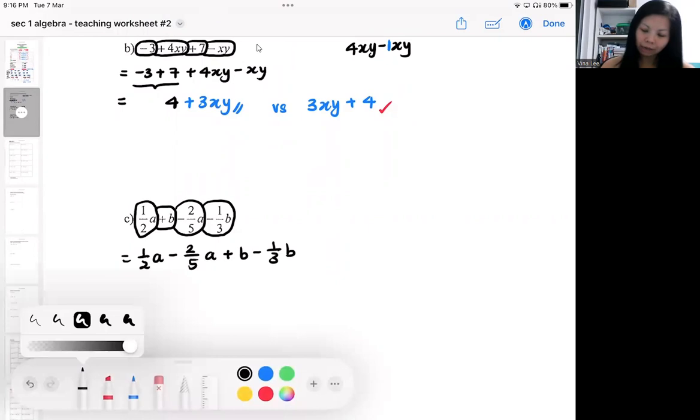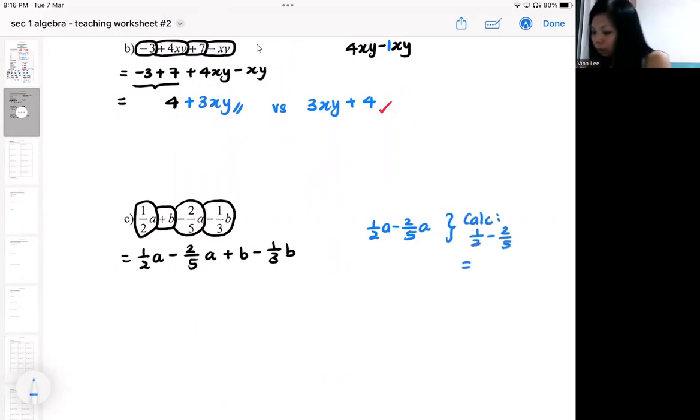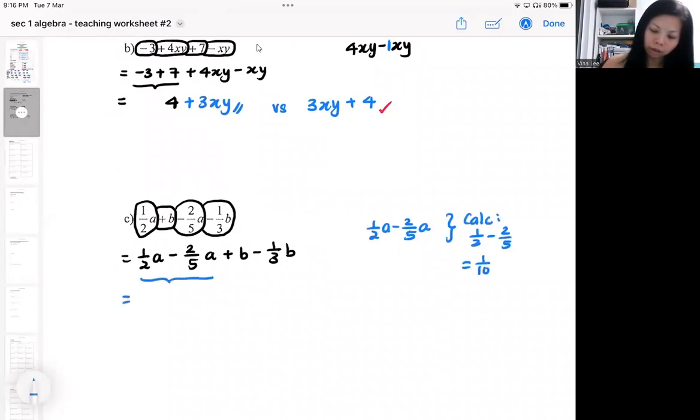So when you see the A family, half A minus 2/5 A, you can think about punching calculator, half minus 2/5. It will give you 1/10. So the A family will be 1/10 A.